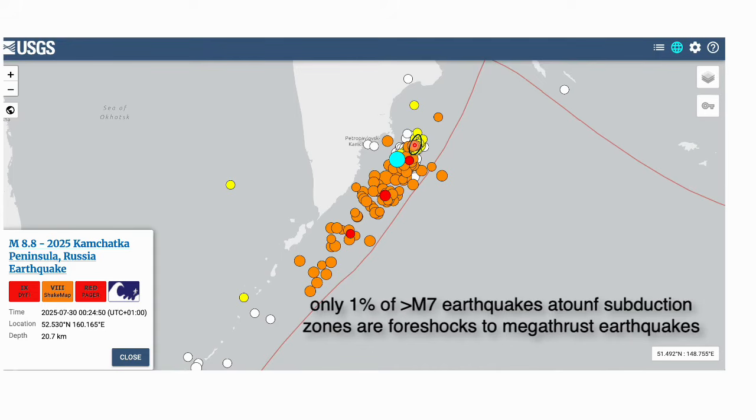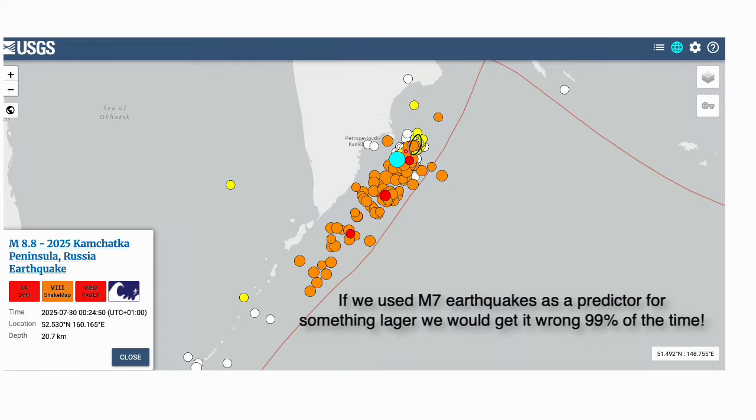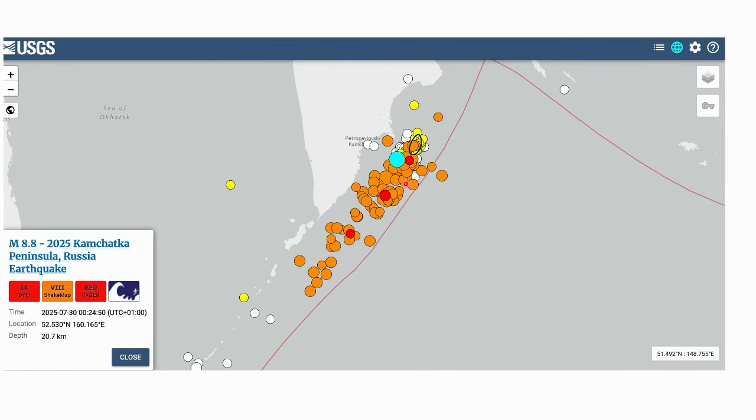Okay, so if you're wanting to predict these things, if we're using magnitude 7s as foreshocks, as predictors, 99% of our cases would be false alarms. So unfortunately, while we do see sometimes nice foreshock sequences, we can't use them as predictors because we don't know whether or not they're going to actually result in something larger.